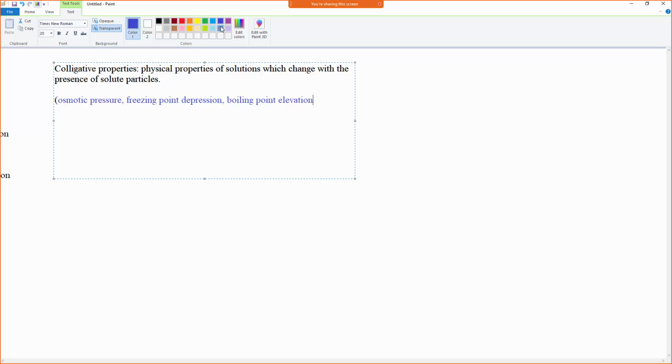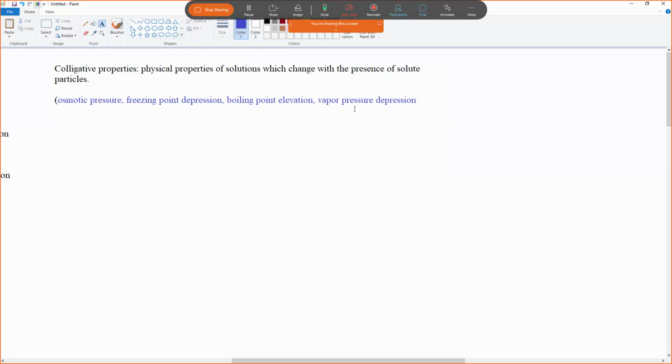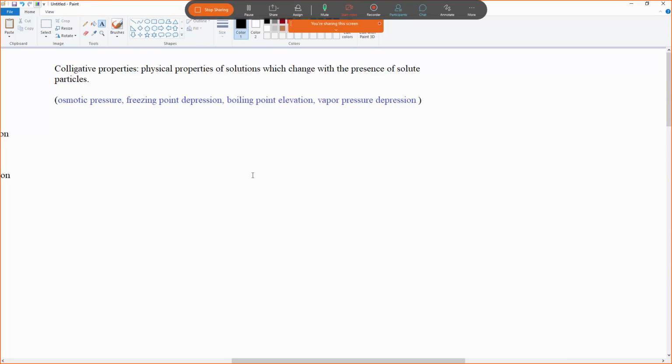It never goes down. And vapor pressure depression, which I'm not going to talk about in a lot of detail. But vapor pressure is related to boiling. So basically the harder it is to boil, the less vapor you're going to get. That kind of makes sense. I need to close parentheses or I'm going to go crazy here. Okay, there we go. So these are colligative properties.